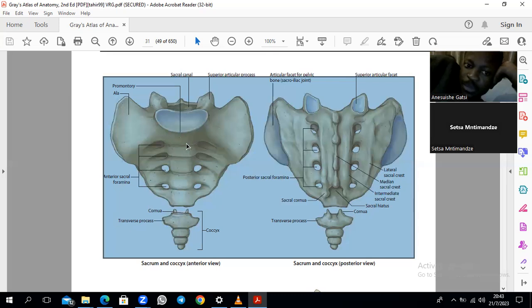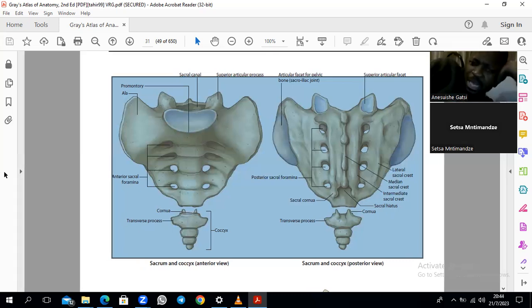Just a quick question. They say there are false and true pelvis, something like that. What's that? I tried to look at it. That's something we'll now be describing with the hip bone more, but it's fine.